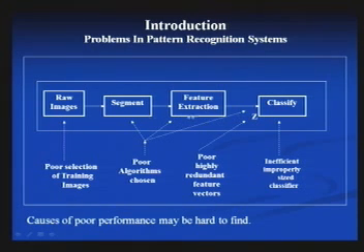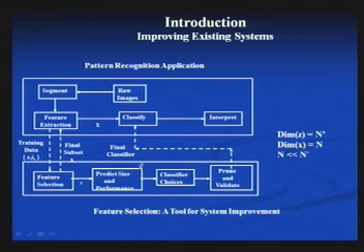You could have poor segmentation, feature extraction, not a very good classifier. In our lab, a lot of the work is aimed at fixing these problems. We don't have any of our own data. We just get data from other people's applications, and then we try to do what we can to optimize their systems.